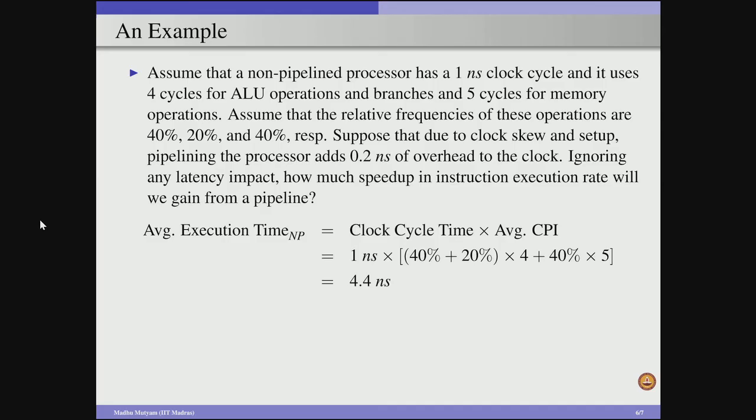Effectively, the average execution time for our given application with these characteristics is 4.4 nanoseconds to execute a single instruction.